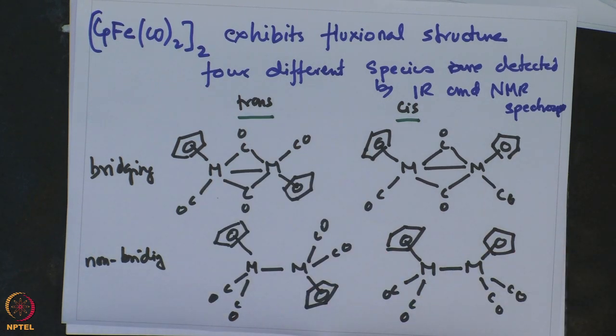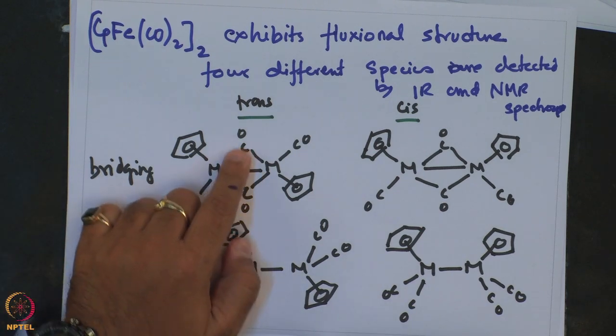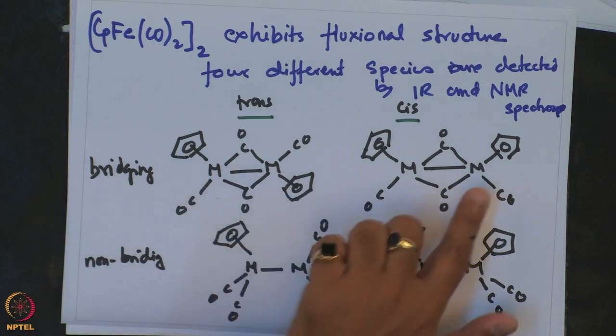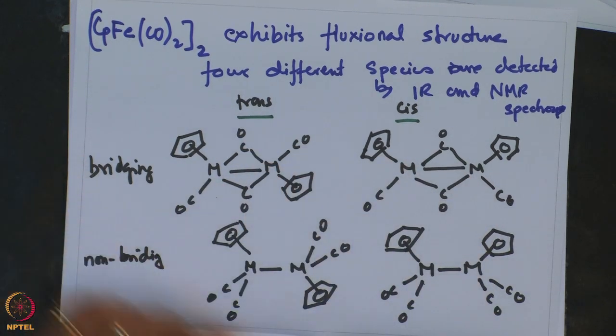The other possibility is that the carbonyl moiety can be acting as a bridging ligand in 2 of the conformations, cis and trans, as well as the carbonyl moiety being totally terminal in nature in the 2 other conformations as shown over here.